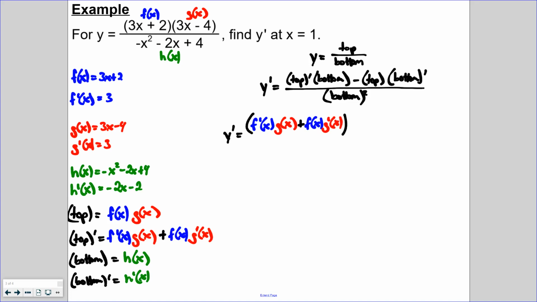And then it's times the bottom, and we know the bottom is h of x, minus the top, which is f of x times g of x, and that's times the derivative of the bottom, which is h prime of x.